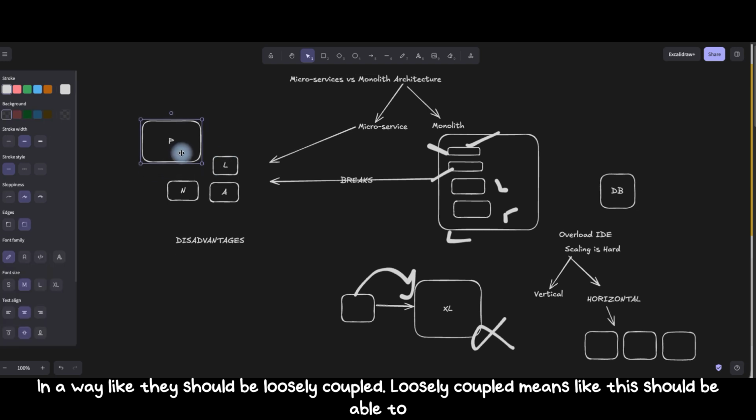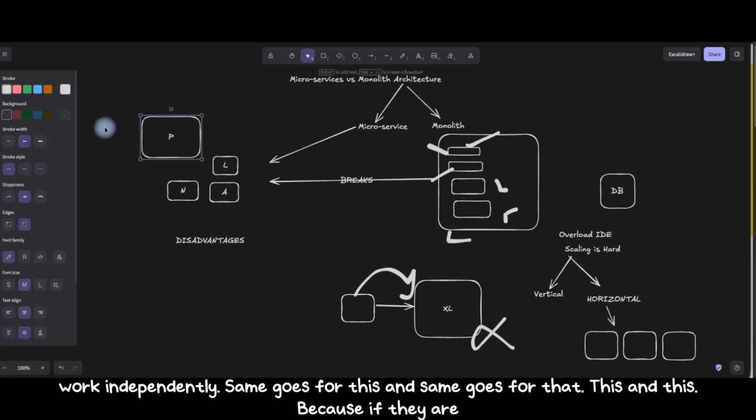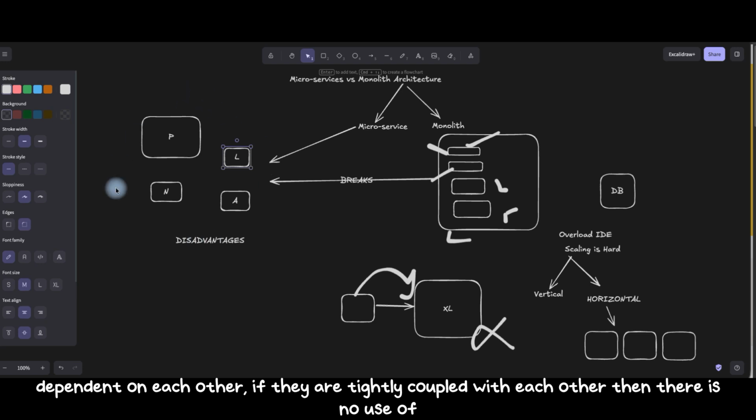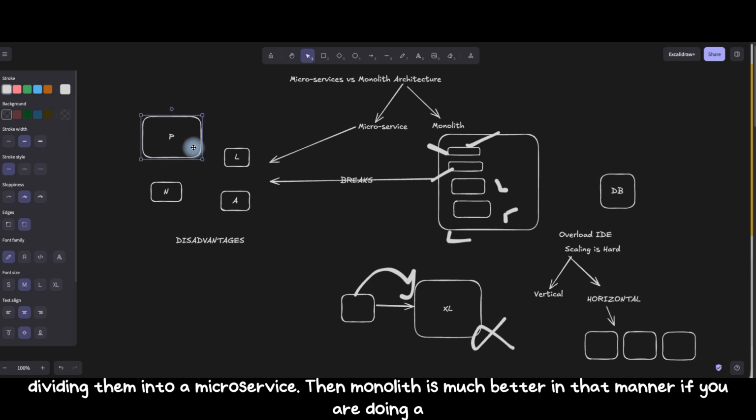Loosely coupled means this should be able to work independently. Same goes for this and same goes for that, this and this. Because if they are dependent on each other, if they are tightly coupled, then there is no use of dividing them into microservices.